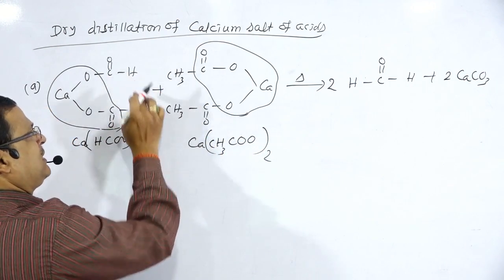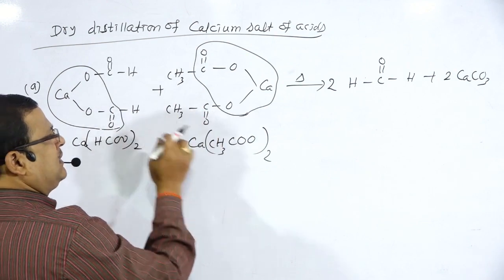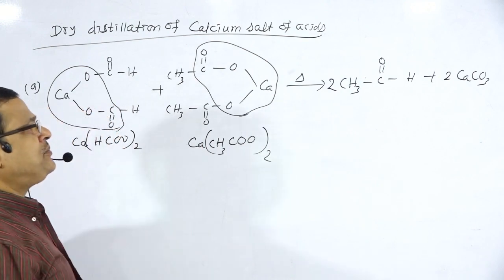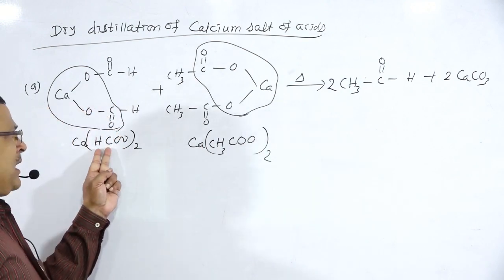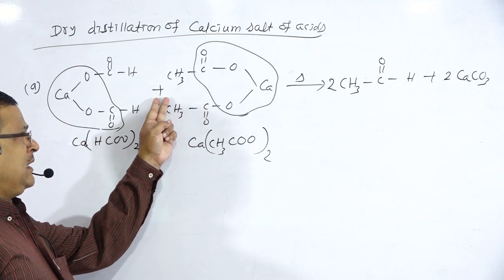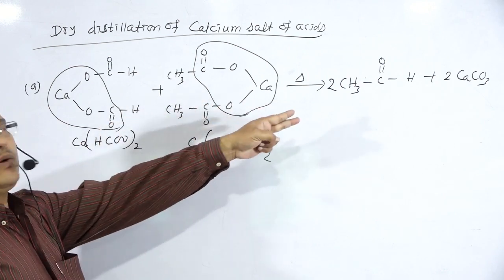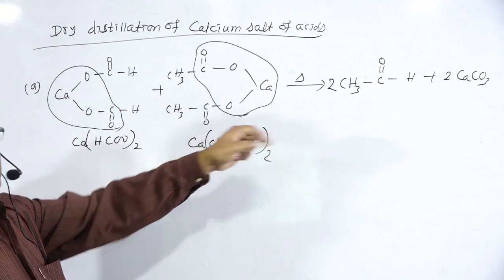CH3CHO, CH3CHO. There is the formation of the product acetaldehyde. Calcium formate heated with calcium acetate gives acetaldehyde.